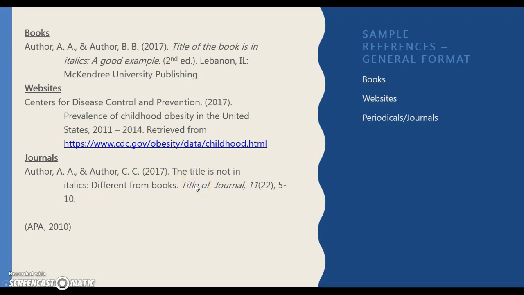With the journals, you want to put the title of the journal in italics. And then the first number is in italics, but the number in the parentheses is not in italics. And when you have page numbers, you don't put P period and the page number. So you just indicate the number of the pages. Just kind of keep that in mind.